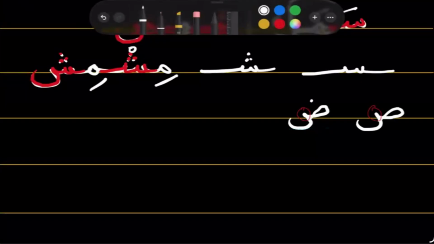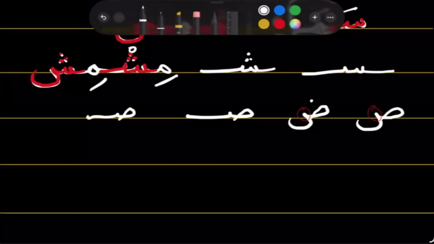So in the beginning of the word, it's just going to connect to the letter after it, whether it's a sod or a bod. In the middle of the word, there's a line coming from the previous word. Now I picked my pen up, and look where I'm starting, all the way over here. Then I'm connecting to the letter after it.